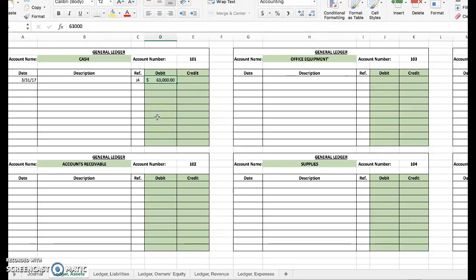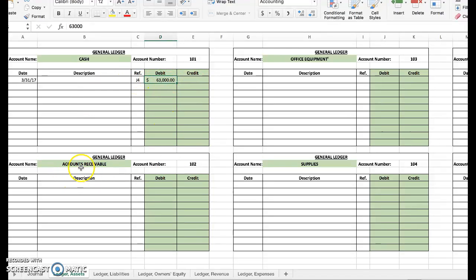Now, all of these accounts obviously would have a great deal of information in them from January, February, and the month of March, but we're only showing what's relevant to this particular transaction in this entry. So let's assume for our purposes that cash has a debit balance of $63,000.